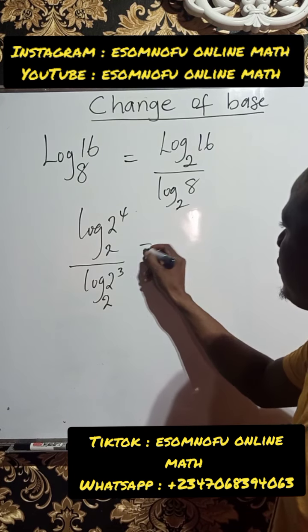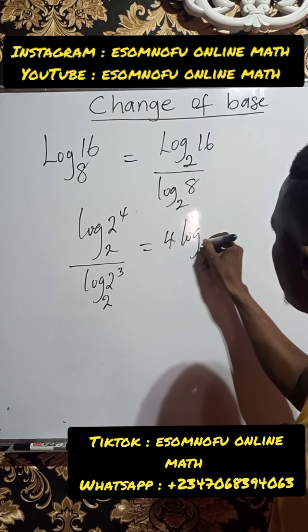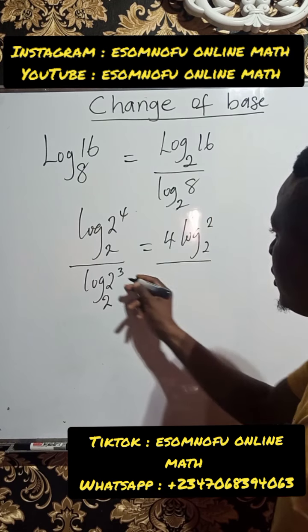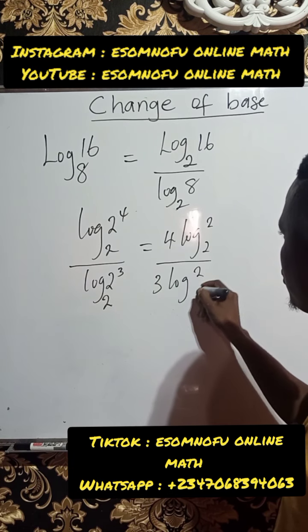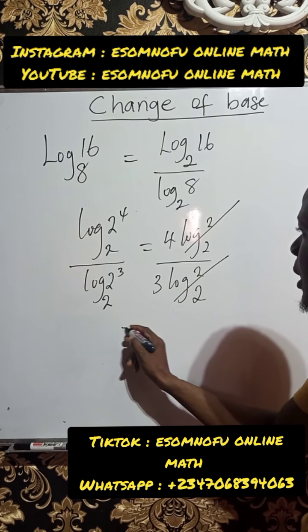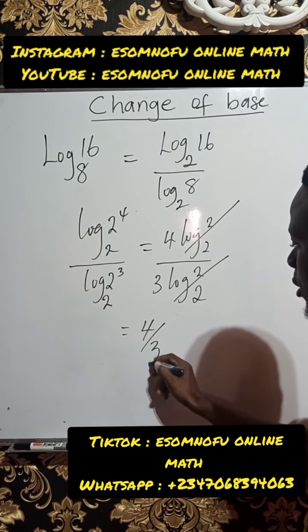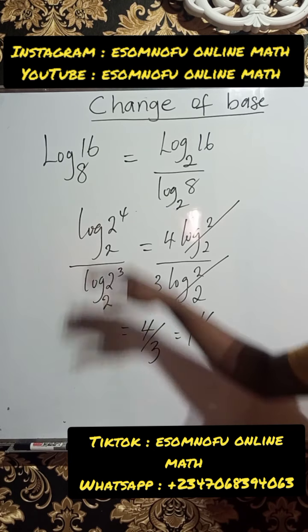Then for the laws of logarithm, the 4 will come to the front. You now have 4 log 2 base 2 all over 3 log 2 to a base of 2. So that log 2 base 2 will cancel log 2 base 2. We are now left with 4 over 3, which is one whole number and 1 over 3. This is the solution to this.